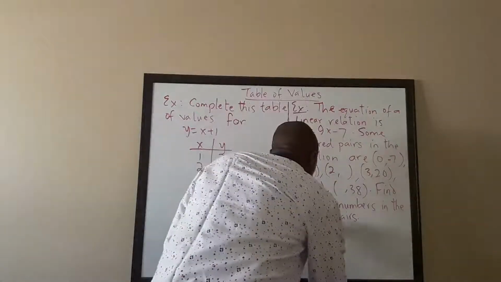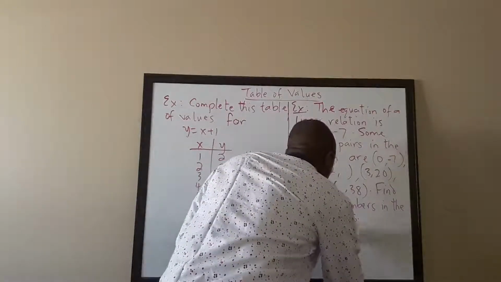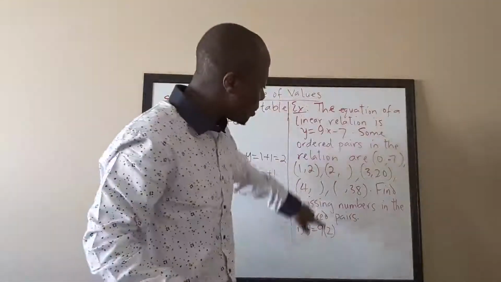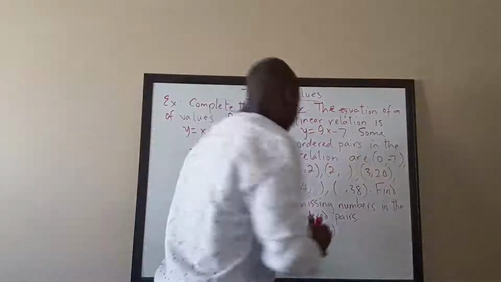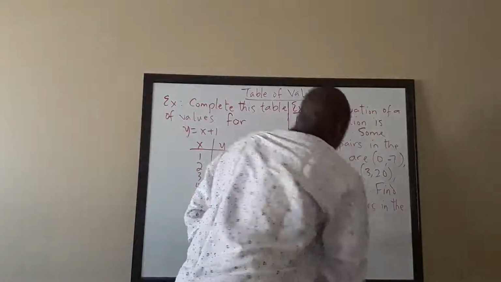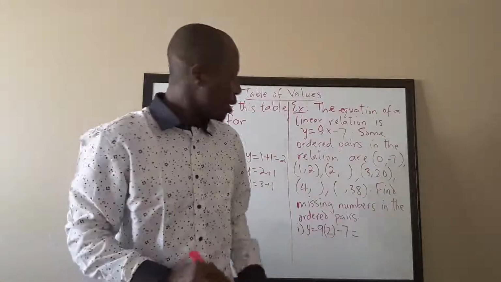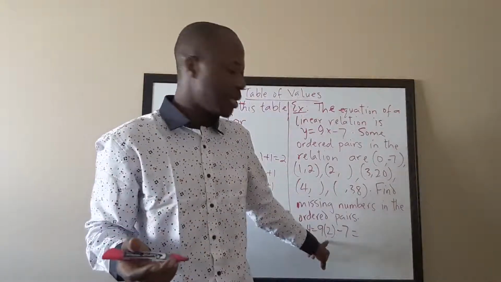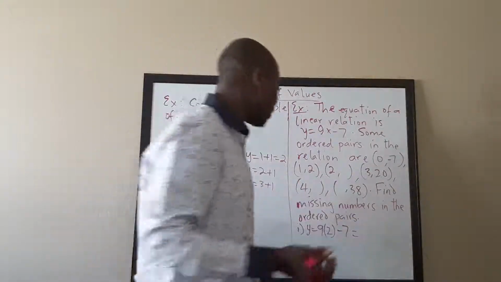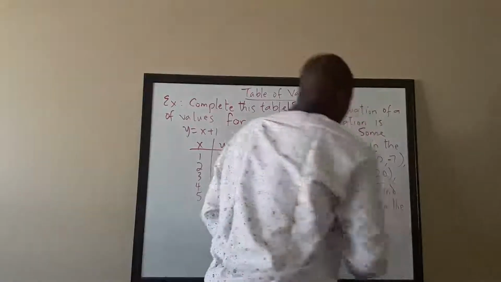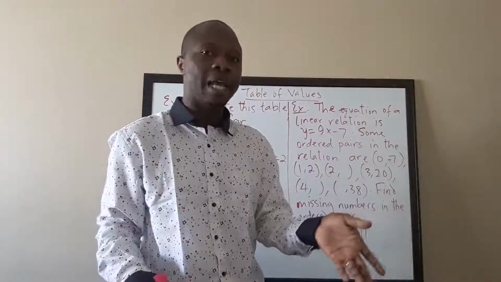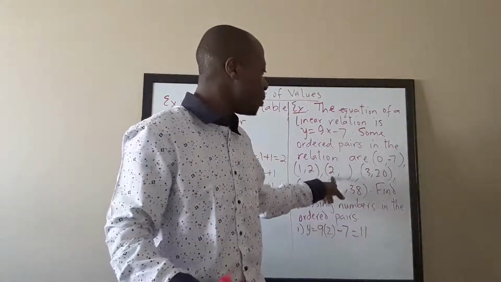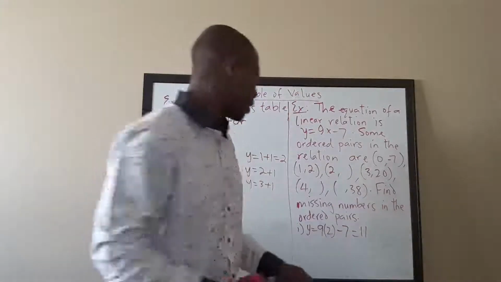So y equals 9x, so 9 times 2, minus 7. So 9 times 2 is 18, minus 7 is 11. So our ordered pair here is actually 2 and 11. So the input is 2, the output is 11.